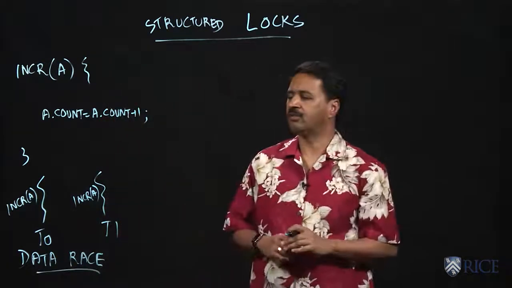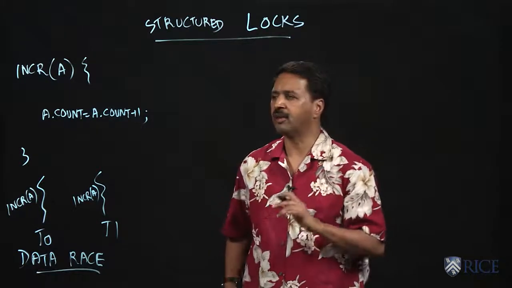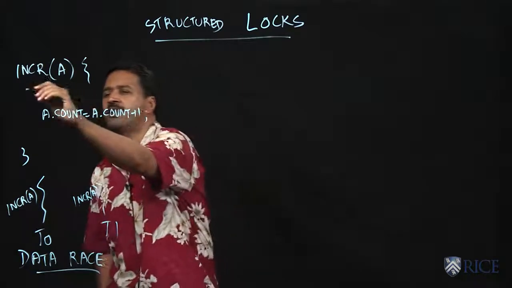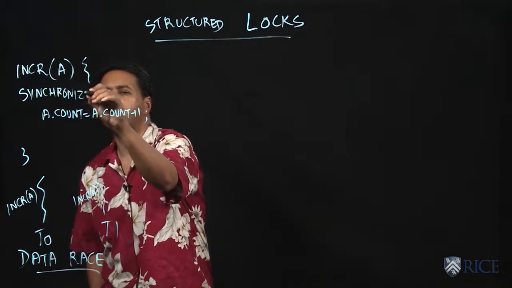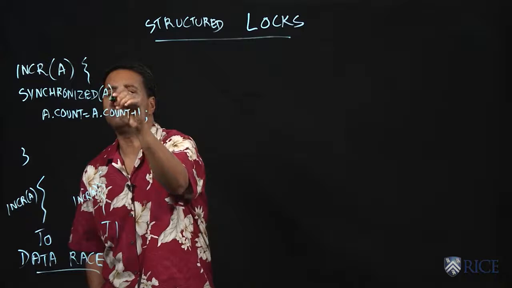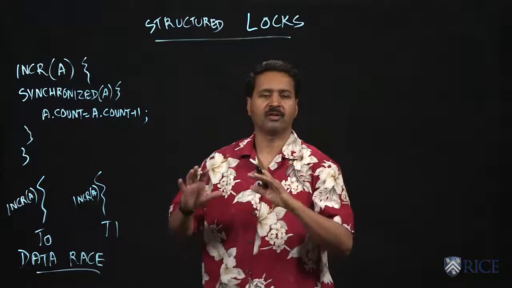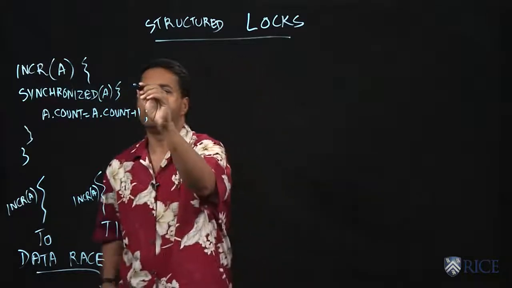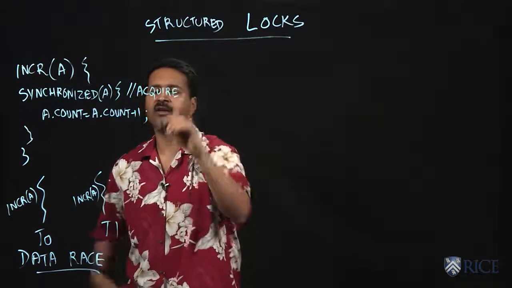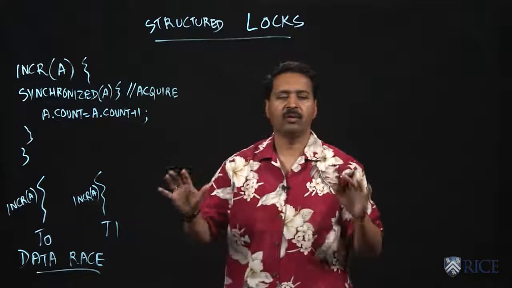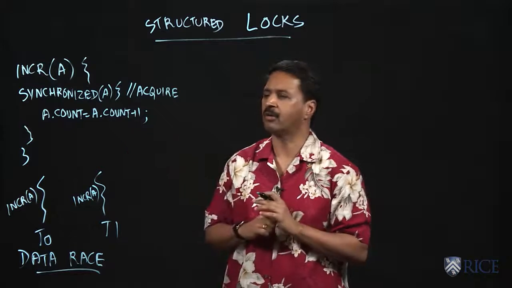So how do we avoid the situation when two threads want to access the same object? That's exactly where locks come in. And with structured locks, we have a construct like synchronized, where we pass the object A as a parameter, and what that says is that the runtime system will guarantee that there's a lock which is acquired on object A when a thread enters synchronized, and the whole idea behind a lock is it ensures that only one thread can acquire the lock at a time.